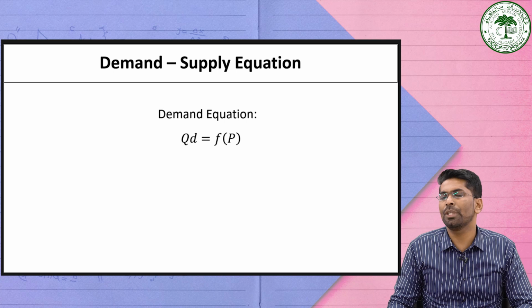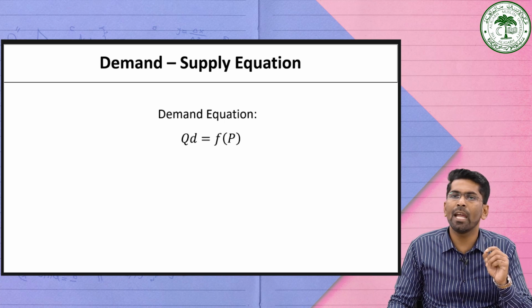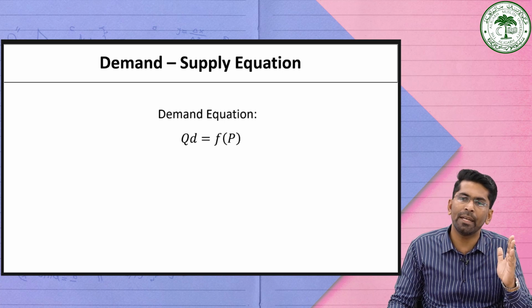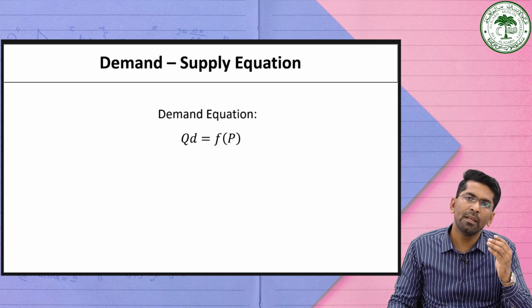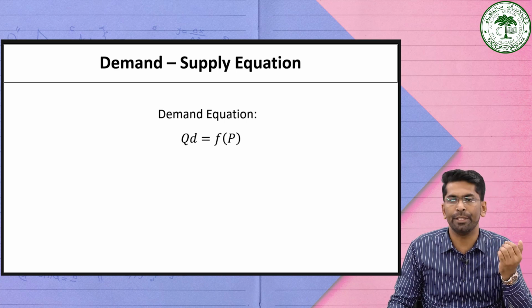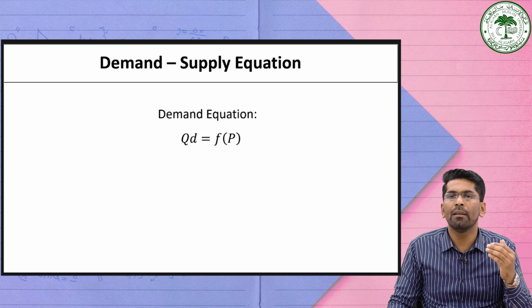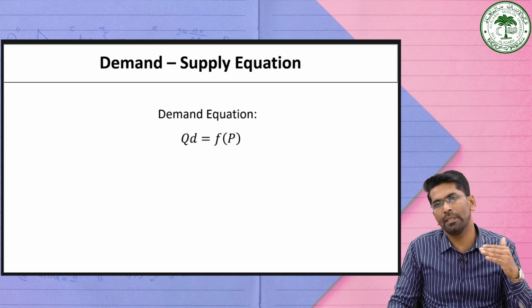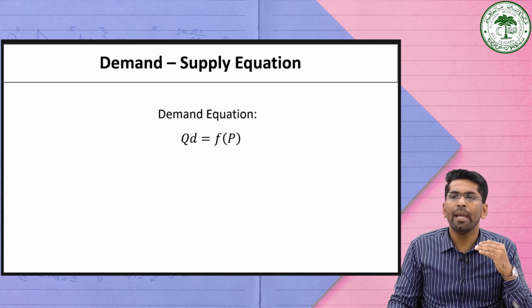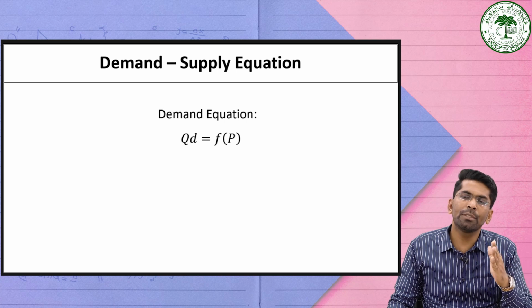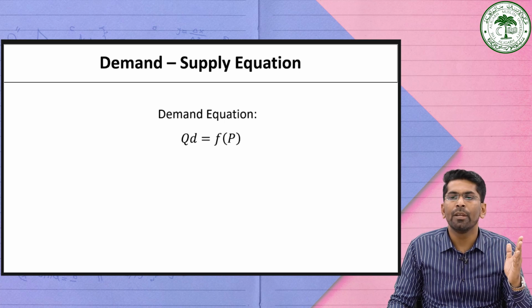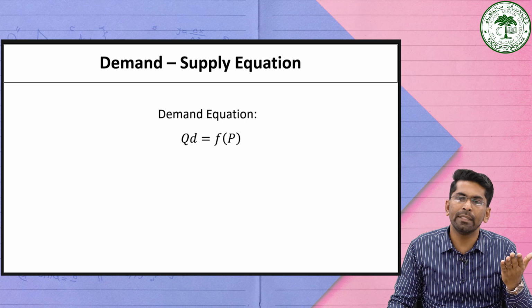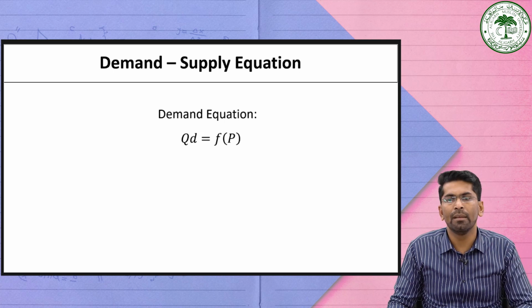It describes how the quantity demanded changes as the price changes. In general, the demand curve is a downward sloping curve, indicating that as the price of a commodity decreases, the quantity demanded increases and vice versa.